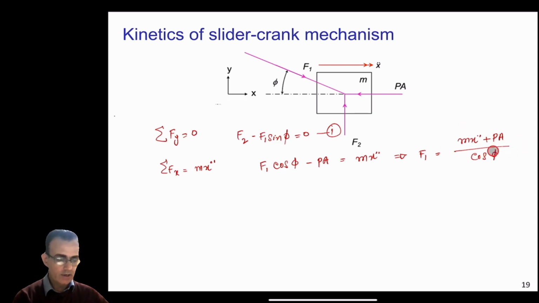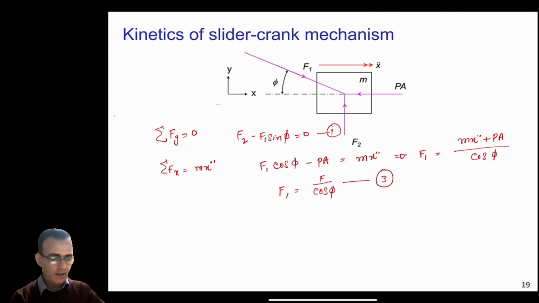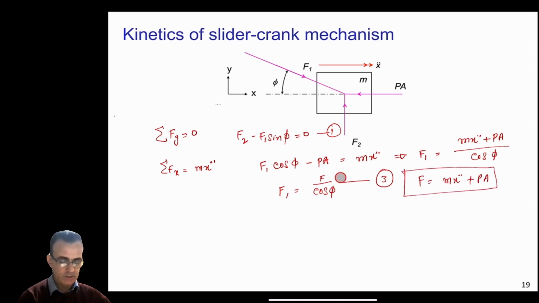So this is our F1, and we can say that F1 is equal to F divided by cos phi here, and we can call this equation 3. Here F is m x double dot plus Pa. If you call this F, then F1 becomes equal to F divided by cos phi.